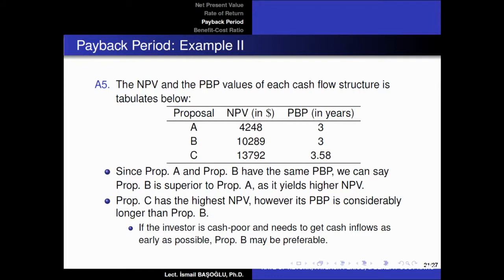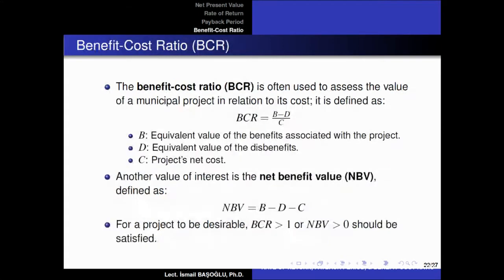Maybe you would choose proposal B, even though it brings a lower net present value than C, because it returns the money at an earlier time. Maybe at the end of the third year, you will find an interesting investment opportunity, but if you wait for 3.58 years, you are going to lose that opportunity. Sometimes, even though the money is less, getting paid earlier is a better idea.